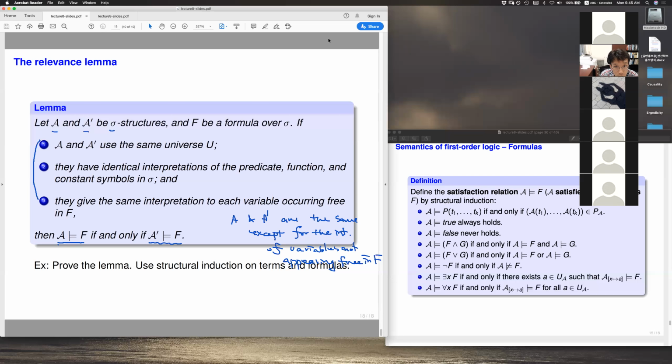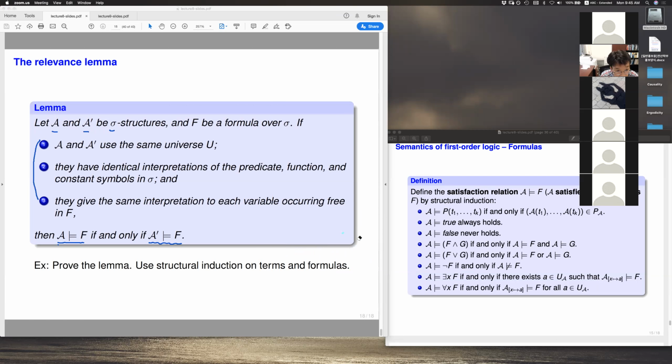Now to show this lemma, you have to use a structural induction. But you can prove this lemma in two steps. The first step is to prove something similar for every term T. So instead of formulas, try to prove something similar using structural induction.